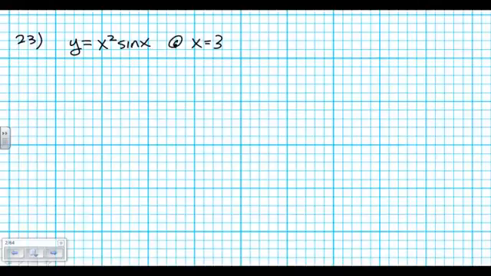Now, if we try to model exactly what we did in the previous one, what was the first thing that we did? Put the x into y because we need to find the complete point. What notation did I use? Think to yourself, what notation did we use? The value of y, line, when x equals 3 is equal to.